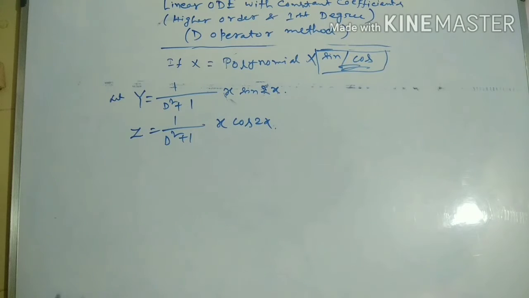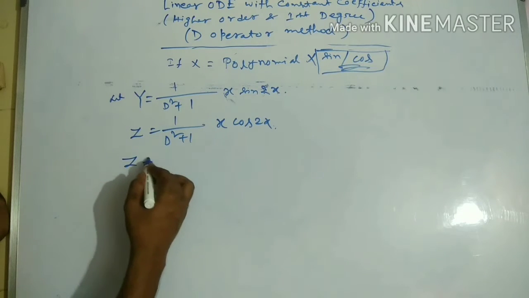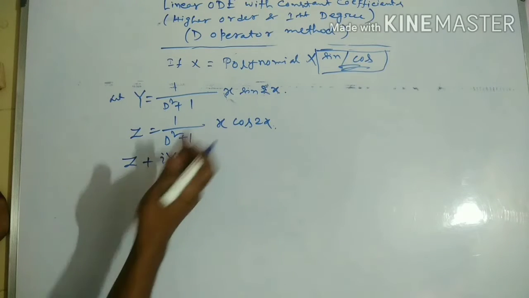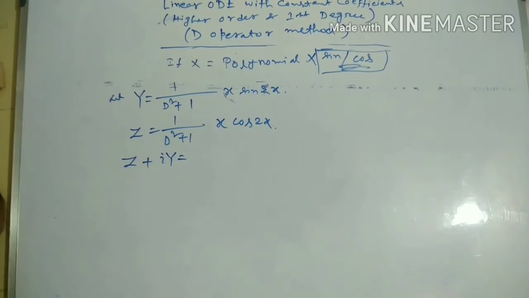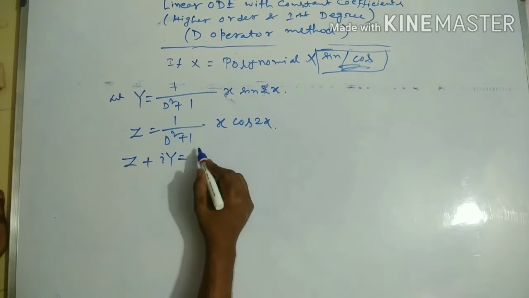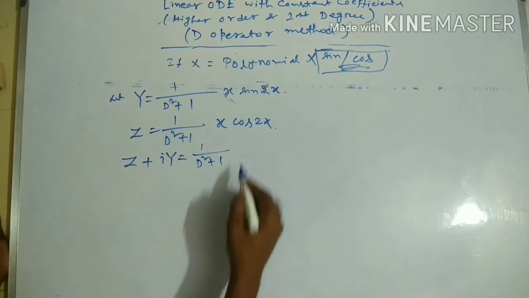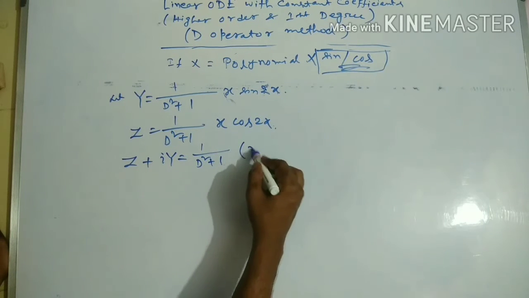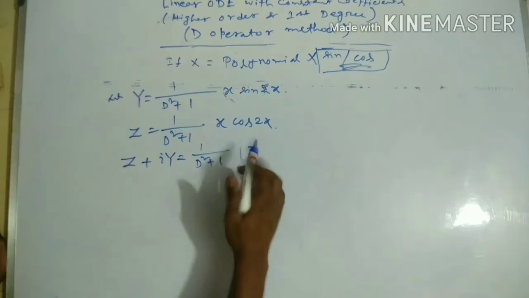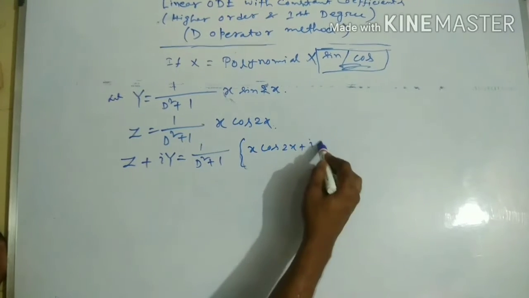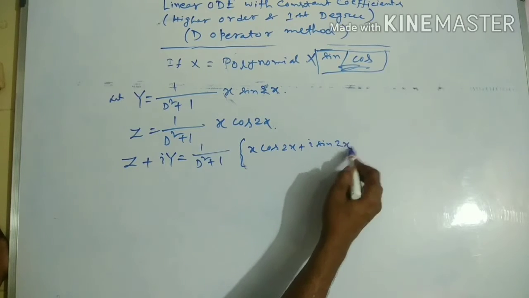Okay, now we will find out what will be z plus iy. Always we will take i with the sine function. The reason you will understand now. What will be the result? 1 by D square plus 1 is a common operator. It will operate on x. x is also common. Cos 2x plus i sine 2x.